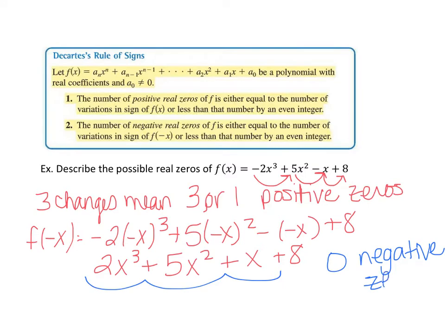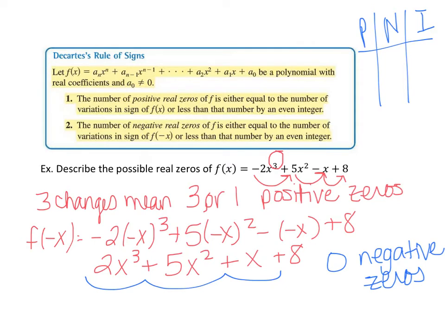So what I want you to think about on here is making a PNI chart. A PNI. Your number of positive real zeros, your negative real zeros, and your imaginary zeros. You always look at your degree. Your degree will tell me how many you're looking for. You're looking for 3 total.